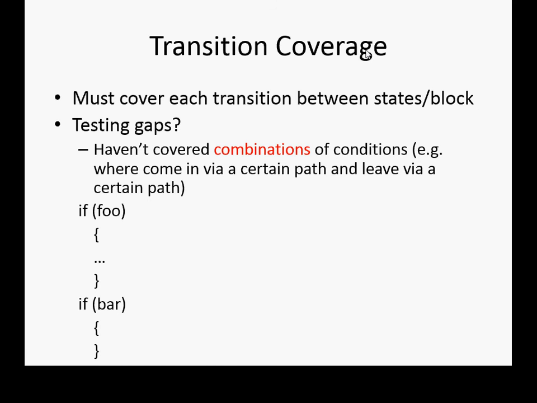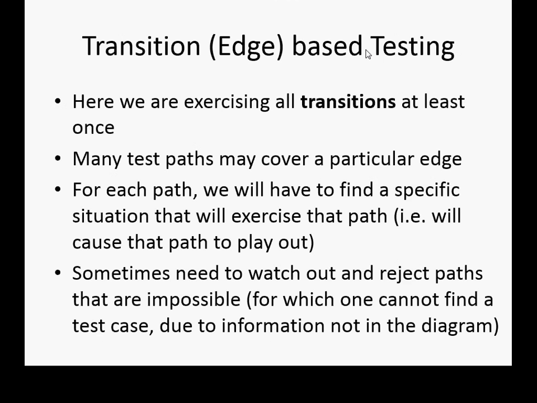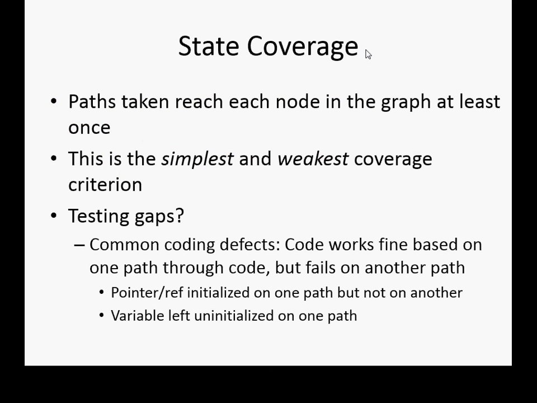Okay, so state-based coverage is generally weak coverage. You can miss a lot of problems here. Let's take an example of this. There's a big testing gap, particularly with low-level code, where it works fine in one path that covers the nodes, but fails on another path.